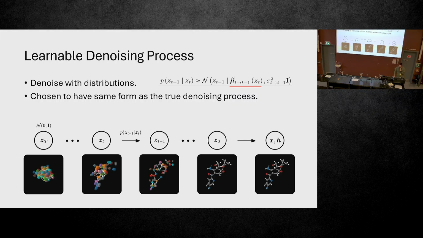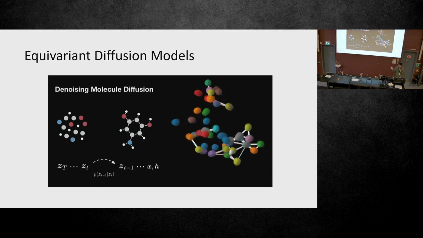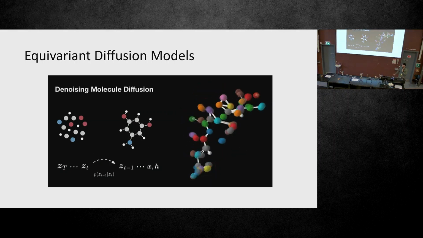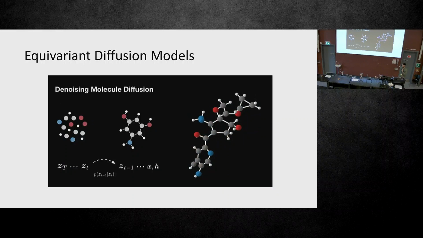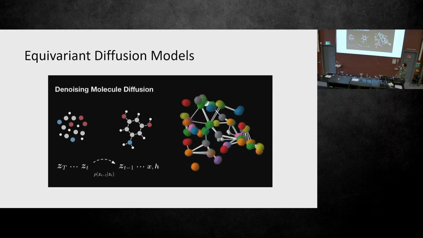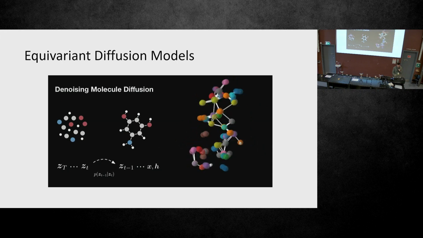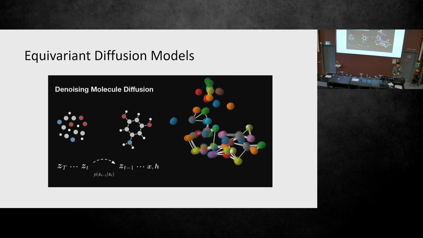This is an image of the generative process: Gaussian noise mapped to samples, random samples that we generate using this diffusion model. And then in the next slides, I'm going to explain how to train this.